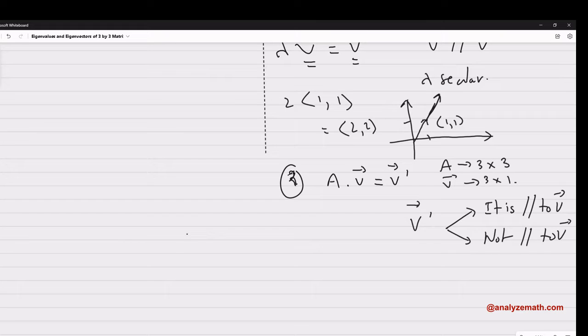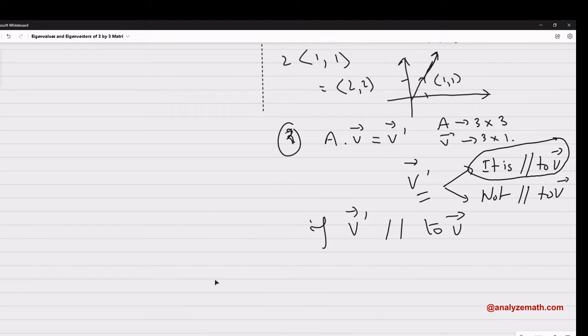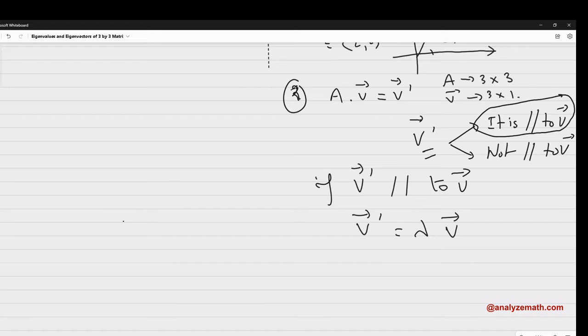We are interested in the situation when the result v prime is parallel to v. It means that I can write v prime equal to a certain scalar times v. And then we go to our equation: A v equals lambda v.